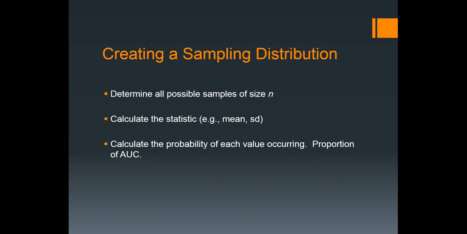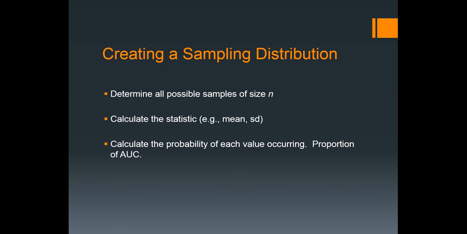Now, in theory, you wouldn't actually do this, but in theory you could create a sampling distribution. They're usually mathematically defined by a mathematical function, as we saw the function for the normal distribution in the first lecture. But in theory, you could create a sampling distribution by taking all possible samples of a given size. So let's say n equals 20.